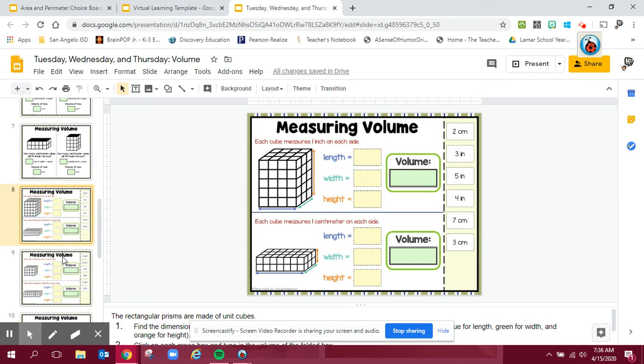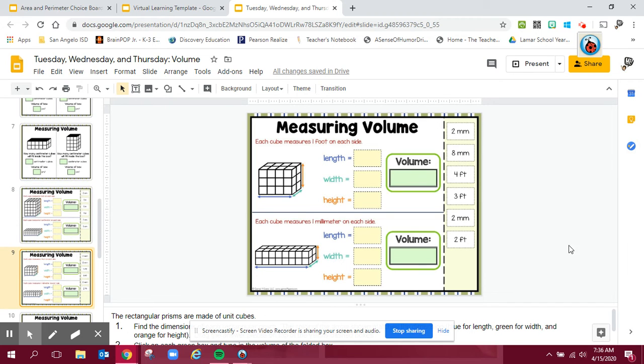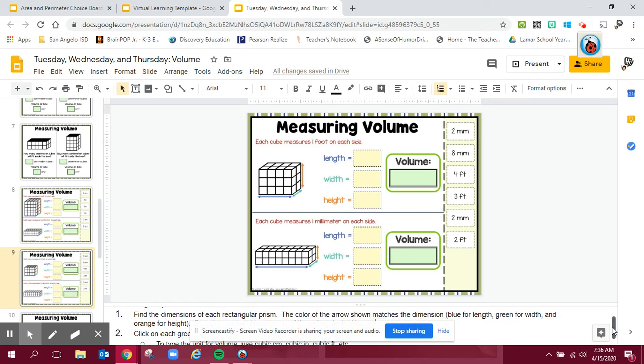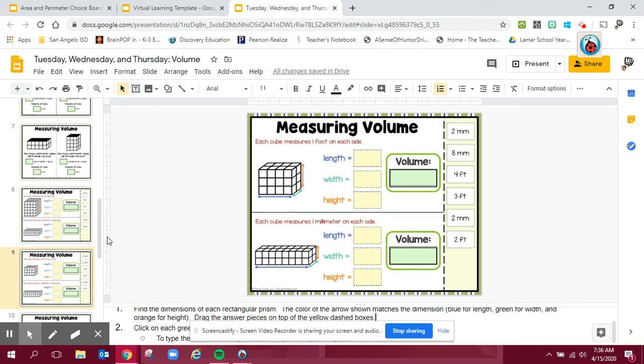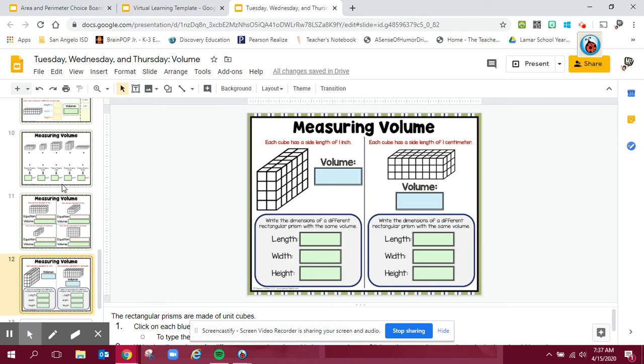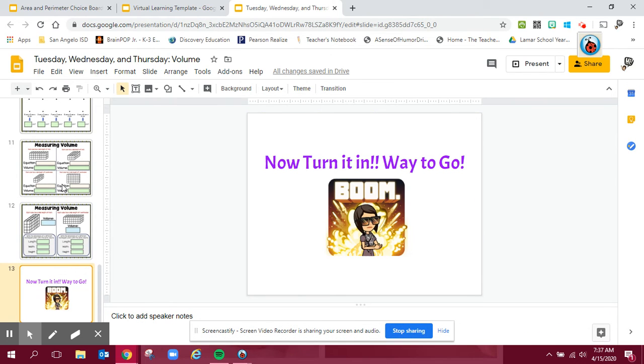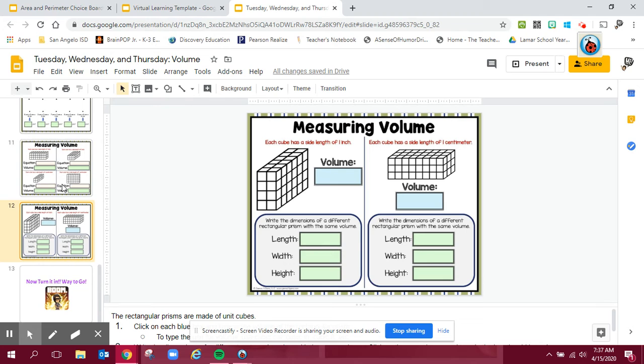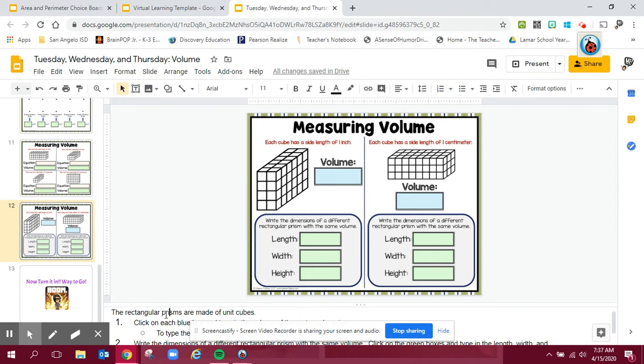And if you notice down here at the bottom, it gives you the directions for what you need to do. Okay? And then it goes on, you're doing pretty much the same thing throughout. You're finding the volume of each rectangular prism or cube. Okay? And again, all of the directions are right here at the bottom. It tells you step by step by step what to do.